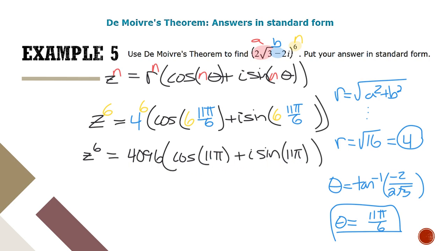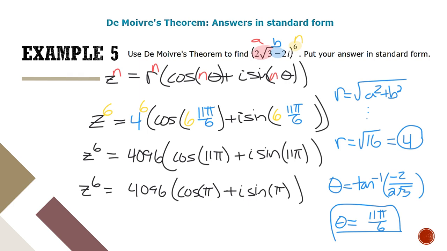So we have z to the 6th is equal to 4096 times the cosine of pi plus i times the sine of pi, which we know is negative 1, and this is 0, so that goes away. If this one didn't go away, we'd have an i with that, which sometimes will happen.